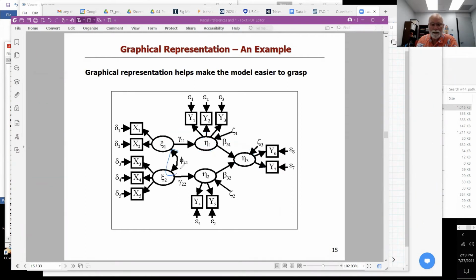There are arrows going into psi 1 and psi 2, but there's a curve there and the arrow is double-headed. That's a convention that means this is an association, a correlation. It's not an effect. It's not a regression coefficient. It's a correlation.